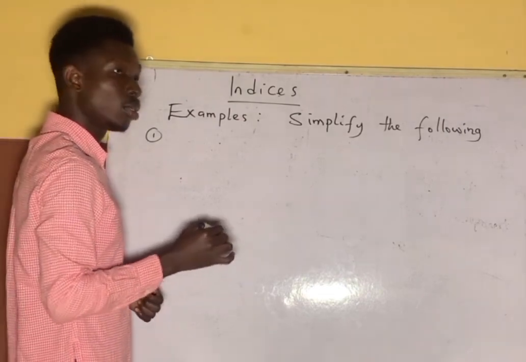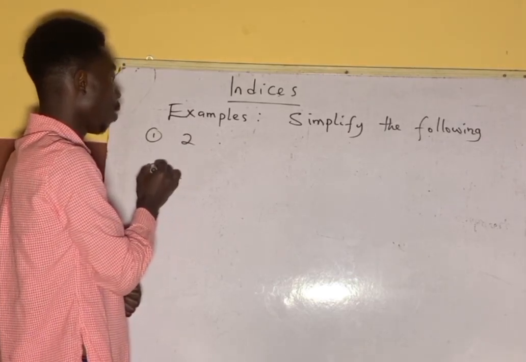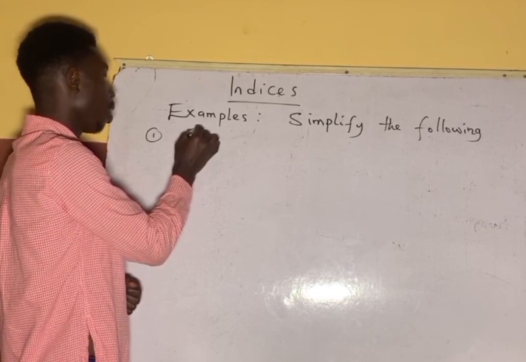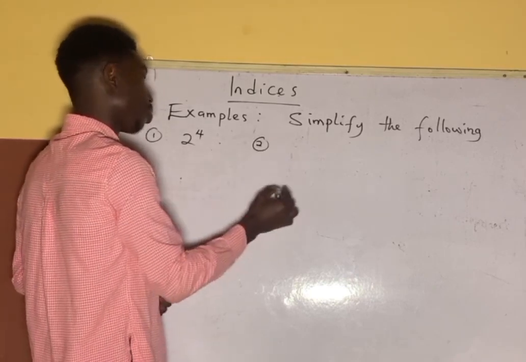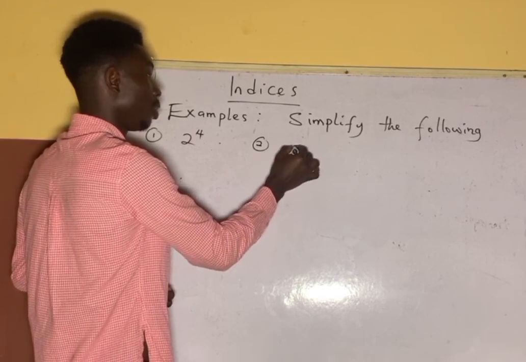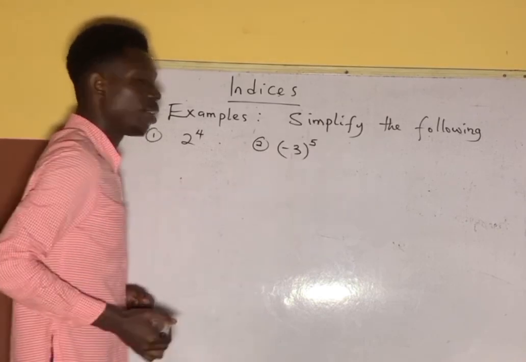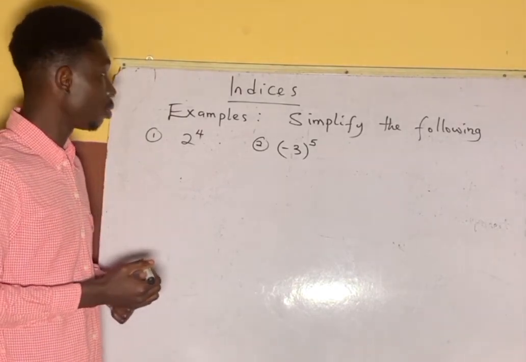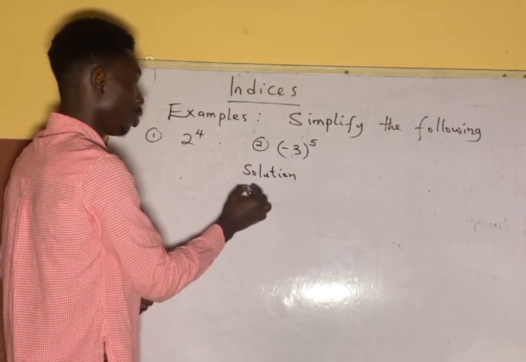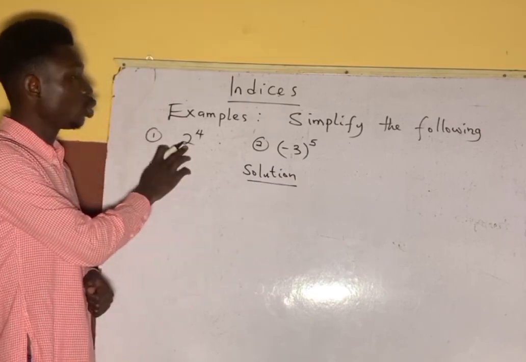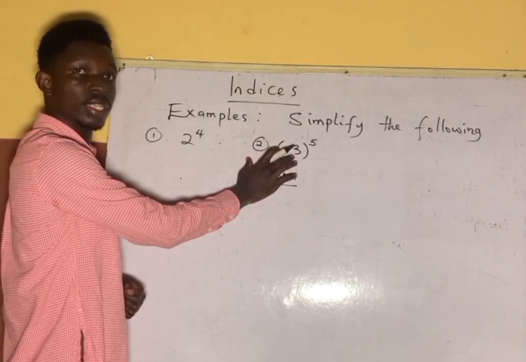Number 1, 2 raised to the power of 4. And number 2, minus 3 raised to the power of 5. So let's see how these two can be solved. The base number here is 2, which is positive. The base number here is minus 3, which is negative.